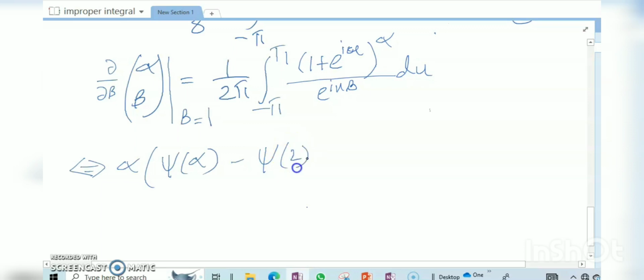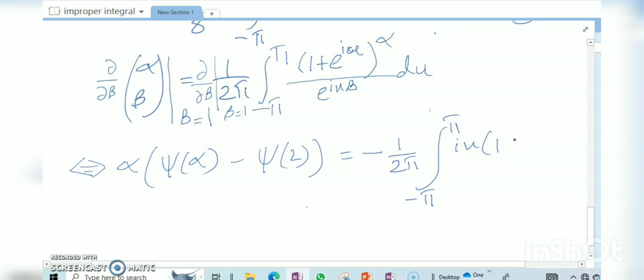Both sides I have to use the derivative. So with beta equals 1, I get minus 1 by 2 pi, integral from minus pi to pi of (1 plus e to the power iu) to the power alpha and e to the power iu.